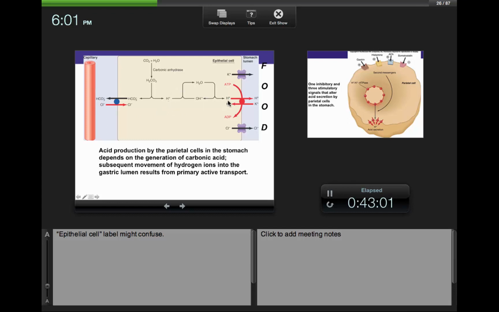Now let's follow this proton first. This proton is actually secreted into the stomach by this proton pump. This proton pump uses ATP to move protons against their concentration gradient, and potassium also is brought into the cell by this proton pump.